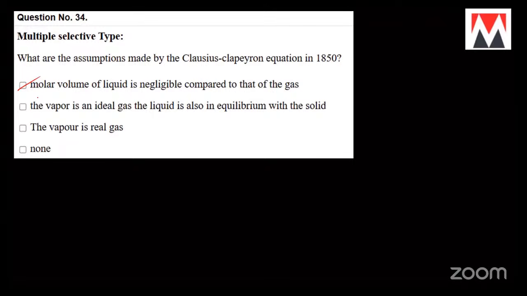Vapor is not a real gas; you'll consider it as an ideal gas according to Clausius-Clapeyron, right? So both are correct.